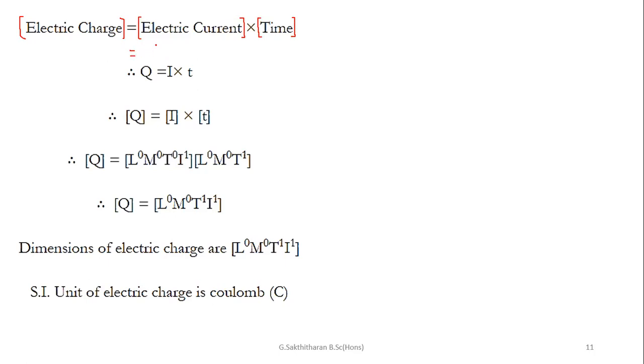The dimension of the electric current is capital I, and the dimension of the time is capital T. So the dimension of the electric charge is IT, capital I into T.